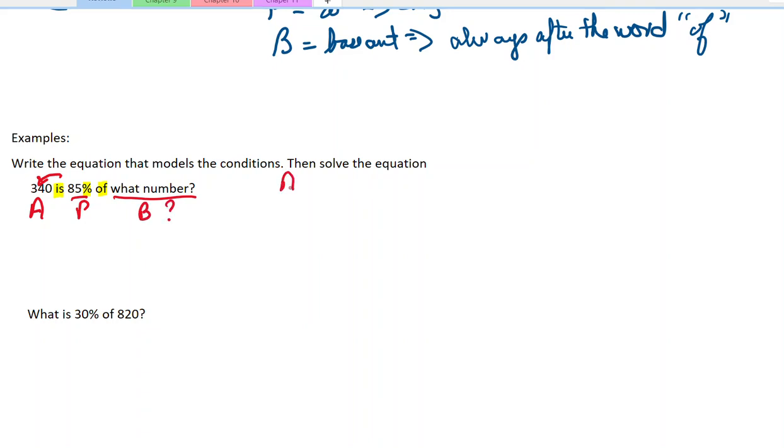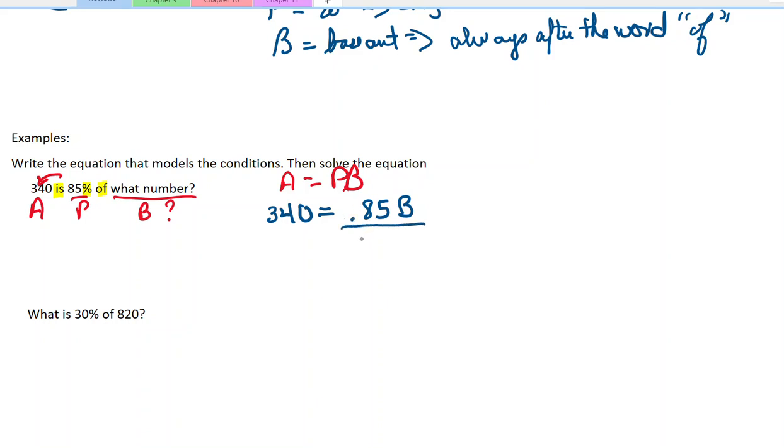So if we have A equals PB, that means times, we're going to put our numbers in. Here we go. We have 340 is 0.85 of B, because we don't know B. So this is multiplication.